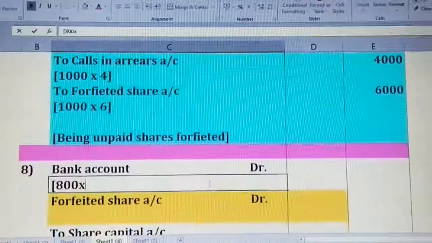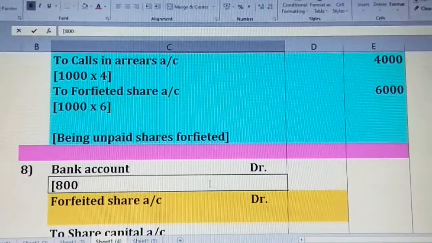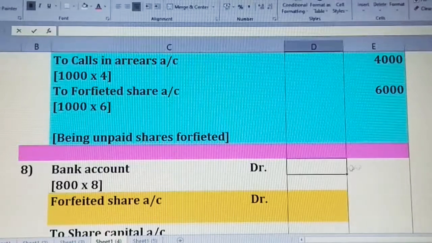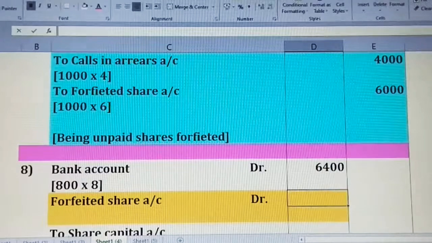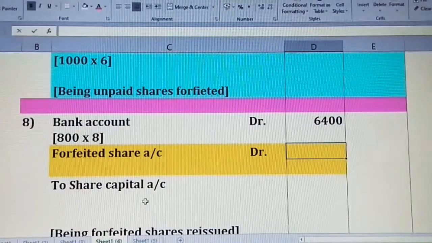This is only a small change. Whatever the instruction is given, we are just going to follow that. So instead of 1,000, we are going to take 800. 800 into 8, 6,400. So forfeited share account debit. We don't know yet what is going to be forfeited here.